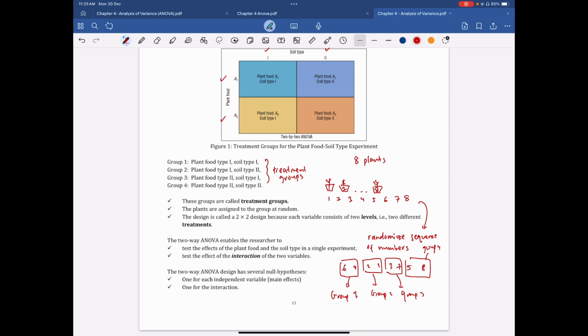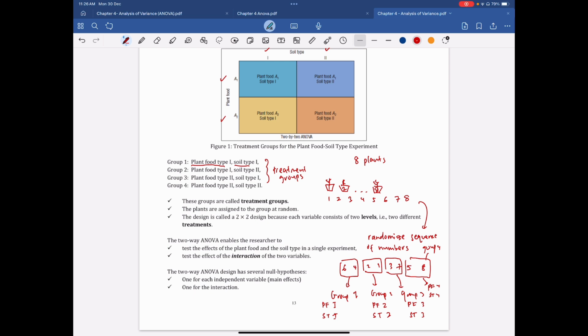Depending on the numbers, I will choose plant food type 1 and soil type 1 for group 1, plant food 2 and soil type 2 for group 2, and so on, up to PF4, ST4. When we assign this randomized design, we can make sure that every plant has equal chances to be selected.